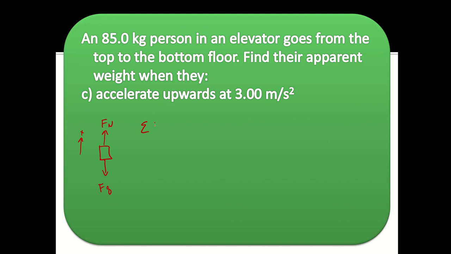So my F net will equal positive Fn minus Fg equal to positive ma. Okay? So here again, we're solving for Fn. So we're going to end up with Fg plus ma. So you're going to feel heavier because you can see that Fn is going to be bigger than Fg because we're adding the ma to it.